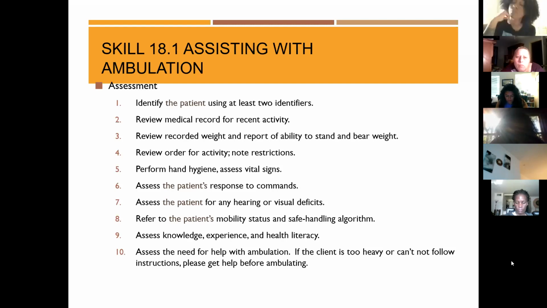You want to make sure if your patient is allowed to bear weight. Let's just say they had a surgery on their left leg. So you need to go in there with the idea that they may not be able to bear weight on their left leg. Okay, so you need to know these things so that you know what to do when you're helping your patient with ambulation.